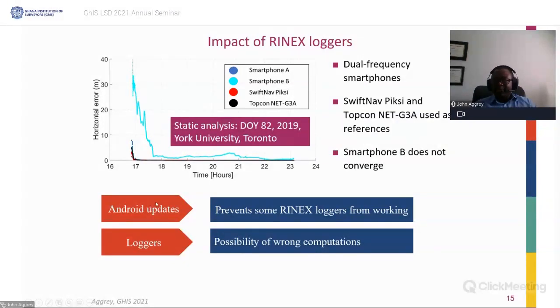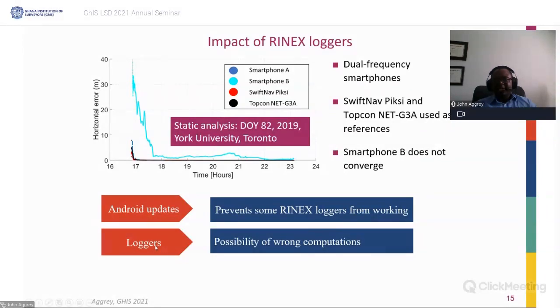If there is an Android update, update it before you use the phone. If you do not, and an update occurs whilst you are doing your work, be assured that you will not get the correct results that you are looking for. So that's something that I took notice of.